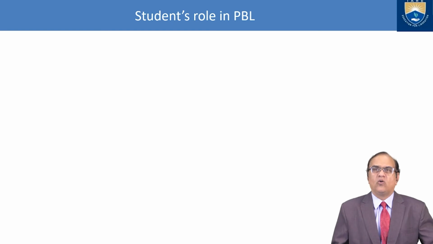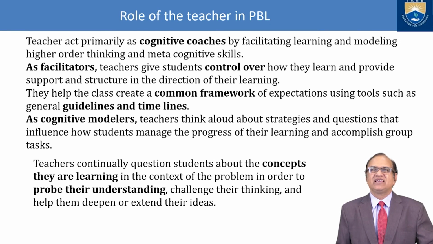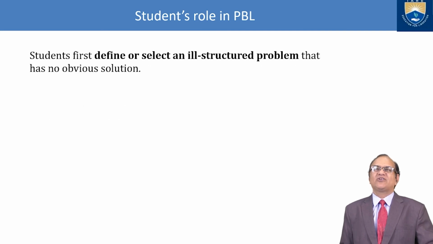Now, what is the role of the student in PBL? We have just now discussed the role of the teacher. In this role of the teacher, if you see, they are like cognitive coaches, facilitators, and cognitive modelers; these are all roles of the teacher. But now what is the role of the student?